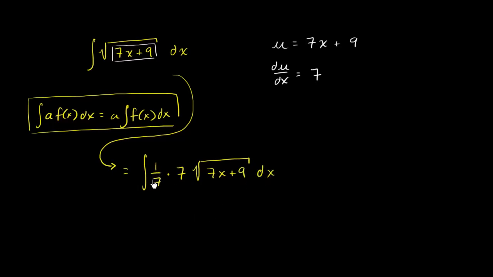And if we want to, we could take the 1/7 outside of the integral. We could rewrite this as 1/7 times the integral of 7 times the square root of 7x plus 9 dx.